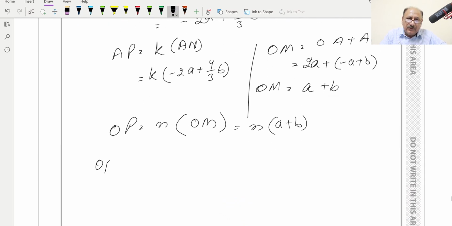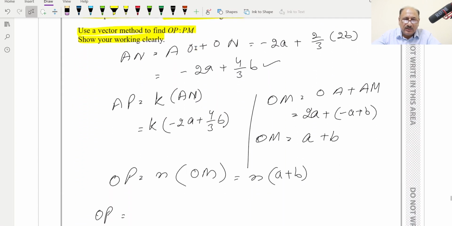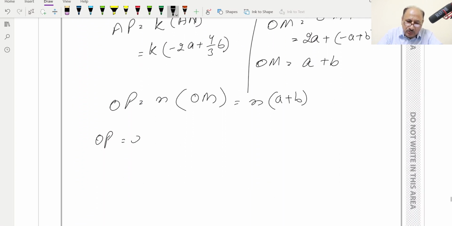So OP will be equal to what? OP is equal to OA plus AP, and we have the value of OA, which is 2A, plus the AP value we have just calculated.